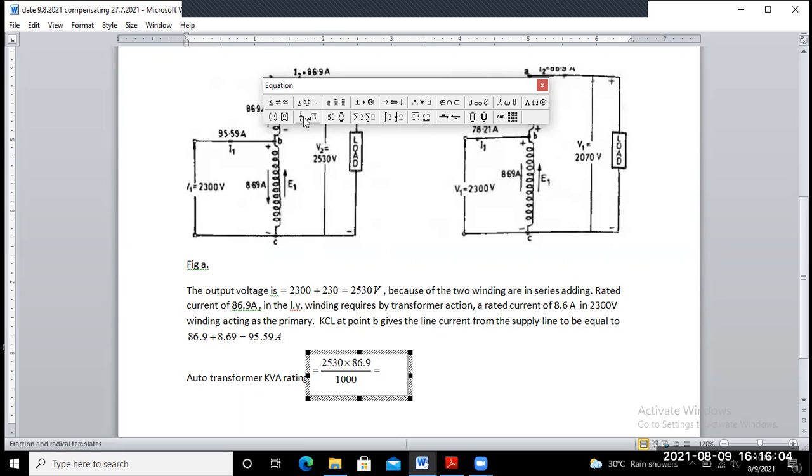So it is equal to how much? 2300 volt into the current of the supply side, 95.59, divided by 1000. 1000 is divided for the conversion into kilo, is it not? So this one is nothing but 220 kVA. Okay, kVA.